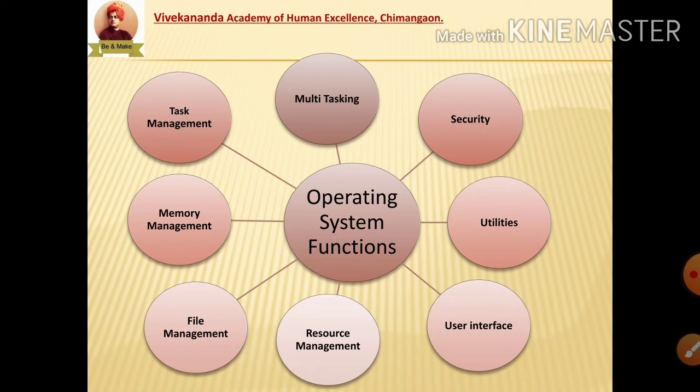Whenever the programs are fetched from hard disk drive and whenever these programs are going to be saved on hard disk drive, whatever work is required to manage the memory is also done with the help of operating system. The third function is file management, managing various files among folders and at different hard disk drives. This work is also done with the help of operating system.